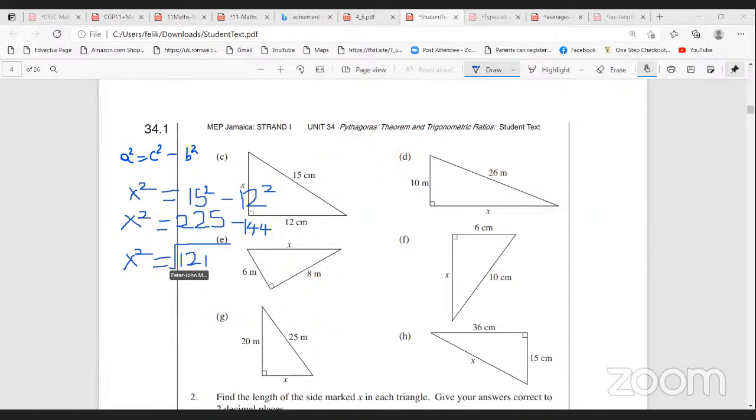Square root of x squared is x. Square root of 121 is 11. So x equals 11. Finished. Yes.